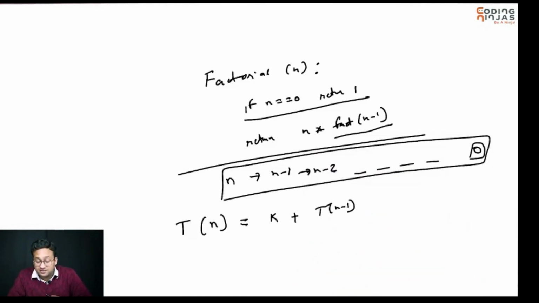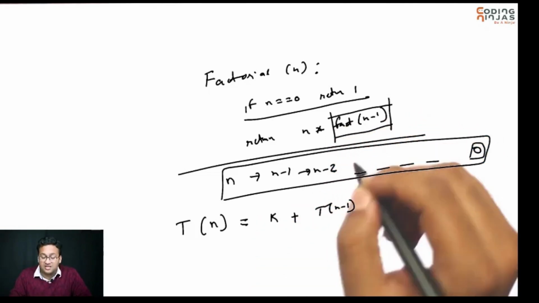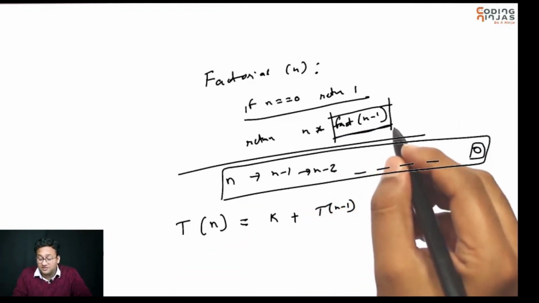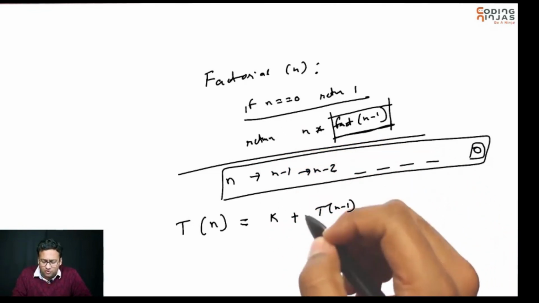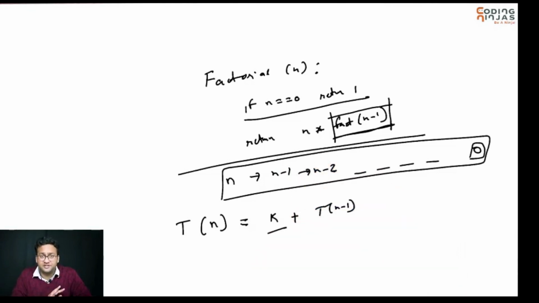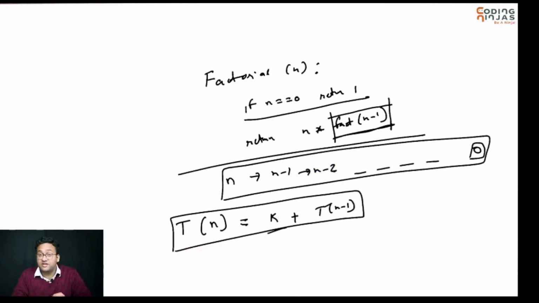What it is saying is, I need to find the time taken by this algorithm for n minus 1. Whatever time that function call takes, other than that I am doing only constant work. I am doing one multiplication and I am doing this if check. That's the recurrence relation that we can write. What is factorial saying?